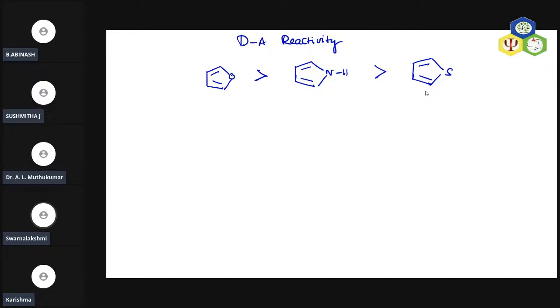Sir, in the June 2018 CSIR paper, you explained the reaction of pyrrole. There, Boc, an amine protecting group, is used. What is the purpose of using it?